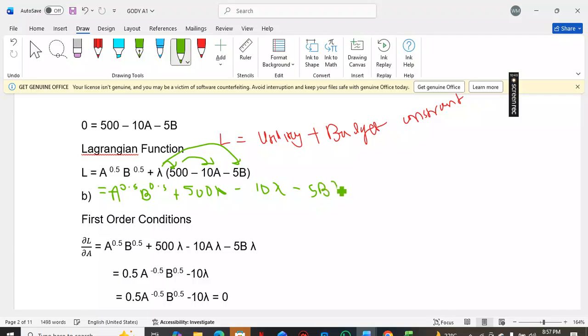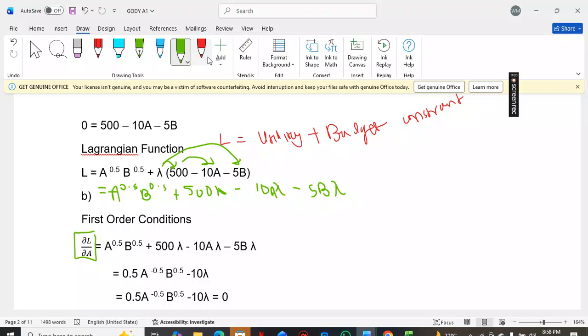Once you've set up your function like this, the next step is partial differentiation. We're going to first partially derive our function with respect to a, meaning if a term doesn't have an a attached to it, it disappears.